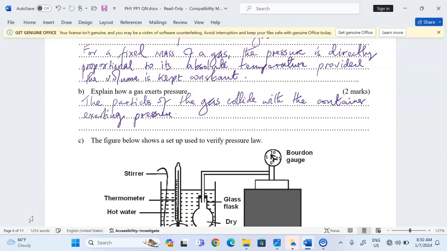So the irregular collisions between the walls of the container and the gas molecules is what results in gas pressure.